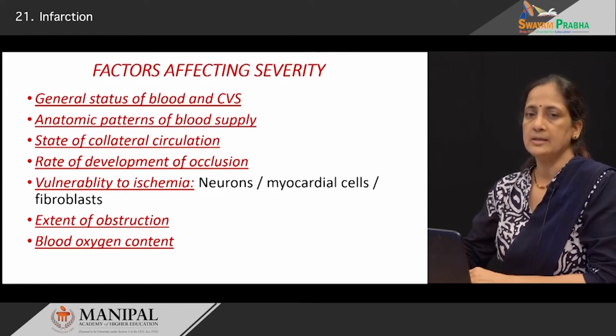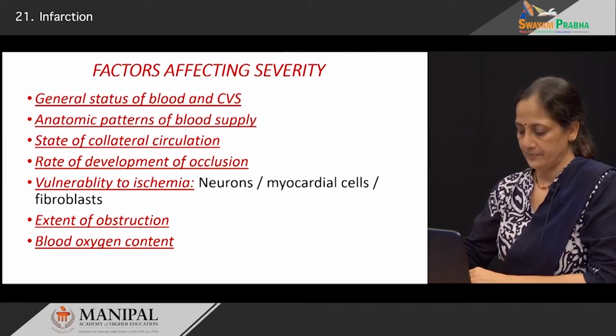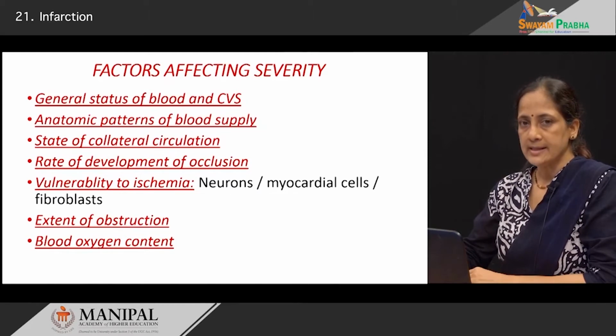However, occlusion of a larger vessel would mean a larger area of a tissue or even an entire organ undergoing infarction. The blood oxygen content, as we described earlier, also determines infarction. For example, hypoxic states would result in easier development of infarction in the tissue.